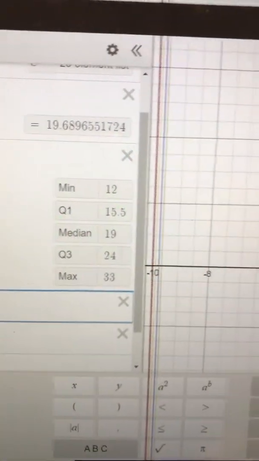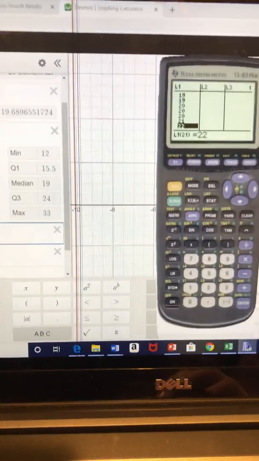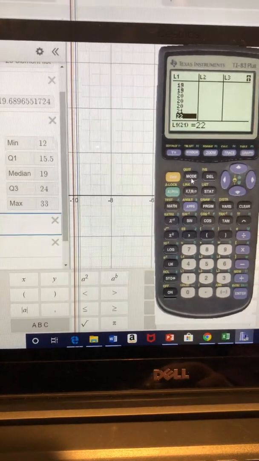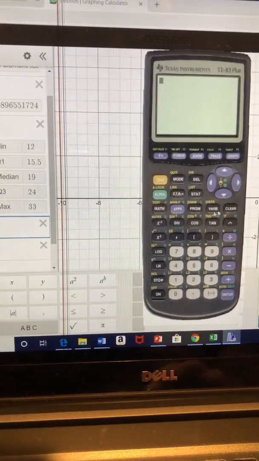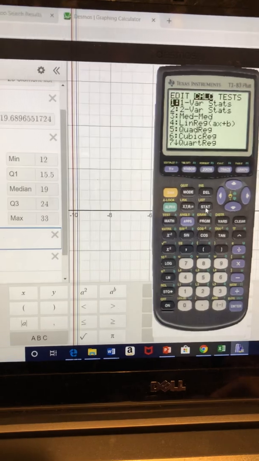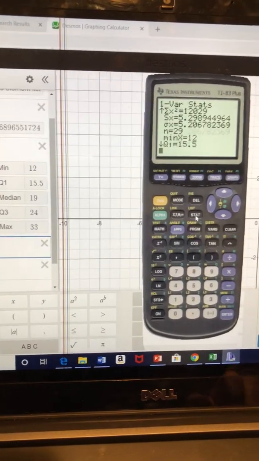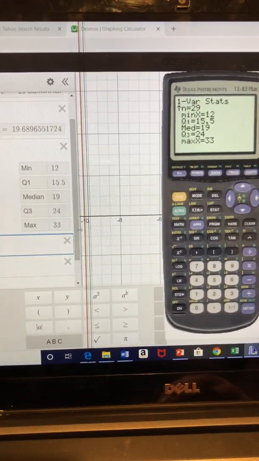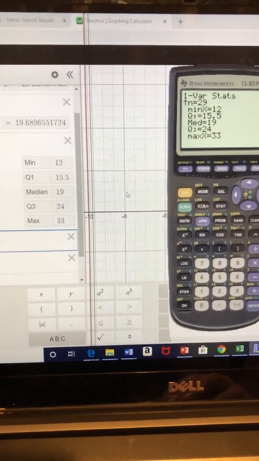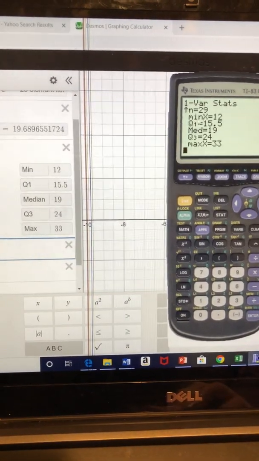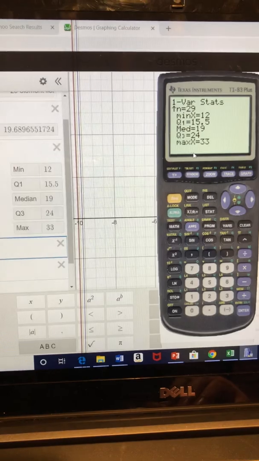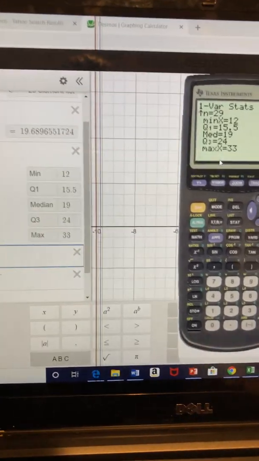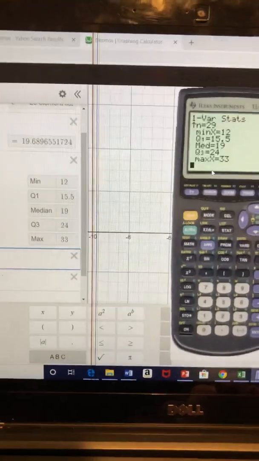And just to show you, let me go back to that and do stat, calc, and hit enter, and then scroll down. So this part here, the stats on Desmos, is equivalent to the bottom part of the 1-var stats on the calculator. And they match, so that's always a good sign if they both match.